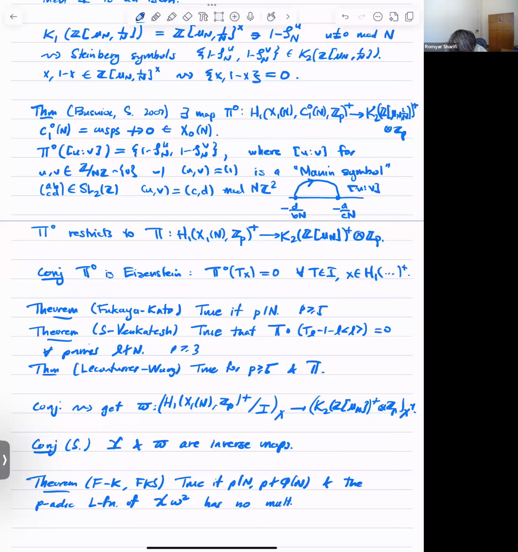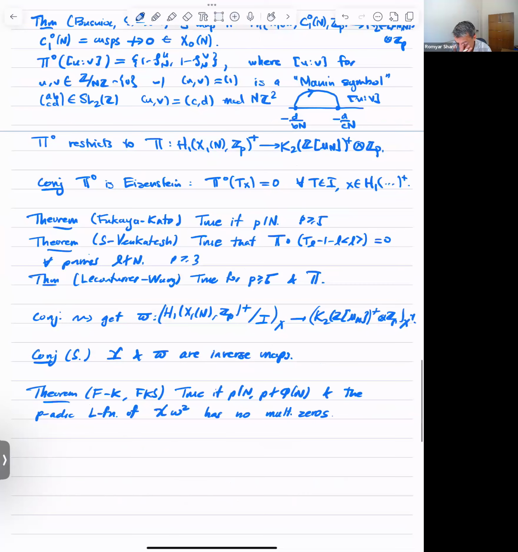Let's just say it has no multiple zeros. This might not be quite accurate, but okay. Great. And that's something that's expected to always hold, I should say, but we just have no idea how to prove that.